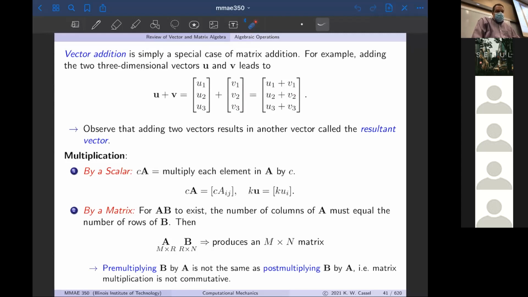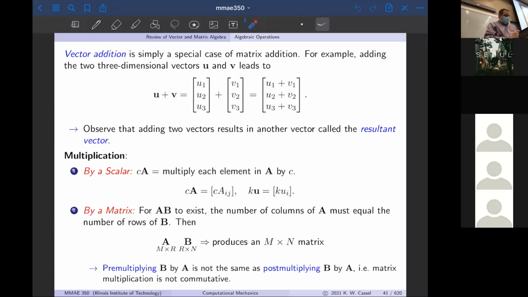So let's start with the easiest case, and that is if we have a scalar times a matrix. So just a scalar C times a matrix A, and it's exactly what you would think. You just multiply C times each of the elements of A. Nothing different than what you'd expect. Same thing for a vector, K times the vector U, just K times each of the elements of U.